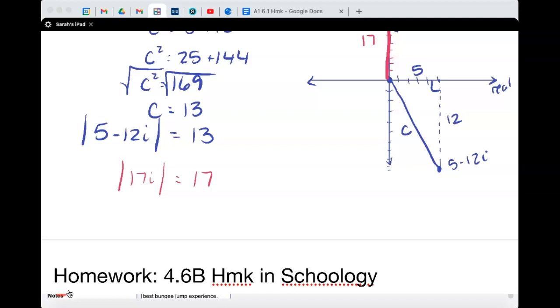When we retake it, it's the same test. They'll be different numbers. It'll be the same structure, format and everything.